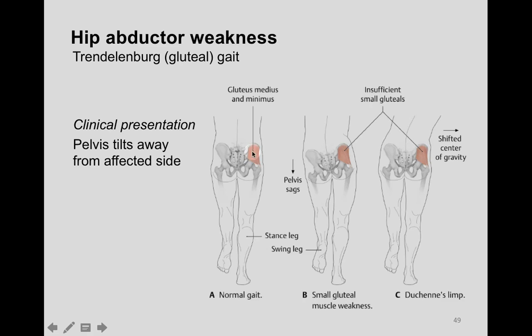And we can do this with viable gluteus medius and minimus muscles. However, with compromise to the superior gluteal innervation of these muscles, the pelvis would sag. And so if this persists long enough, the individual may try to keep the pelvis level by shifting the center of gravity to the right with a torso lean to the right. This is known as a Duchenne's limp.